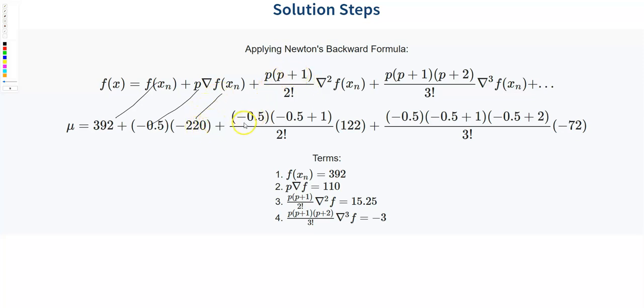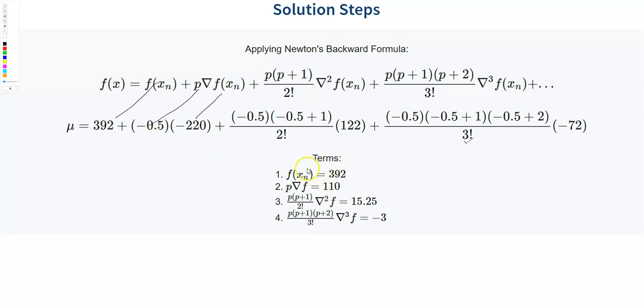Similarly p is minus 0.5, p plus 1 is minus 0.5 plus 1, factorial 2, nabla square f(xn) is 122. Then p is again minus 0.5, p plus 1, and p plus 2 is minus 0.5 plus 2, factorial 3 in the denominator, and nabla cube f(xn) is minus 72.